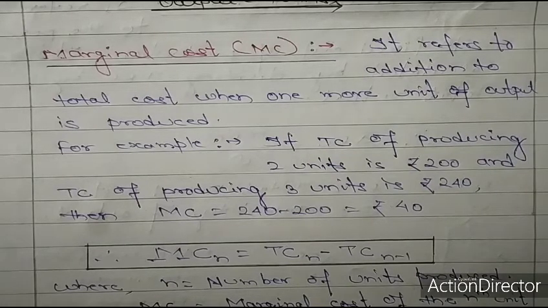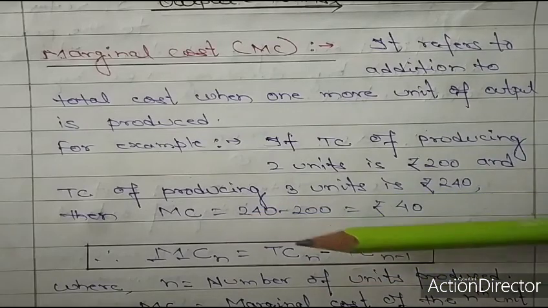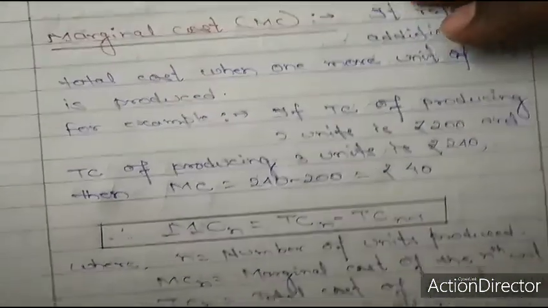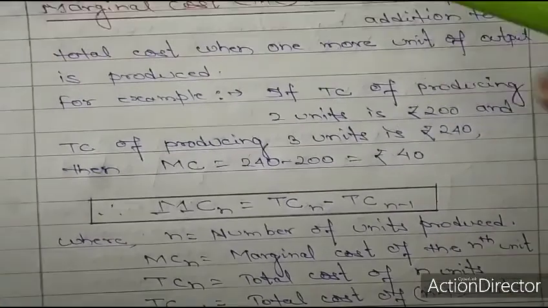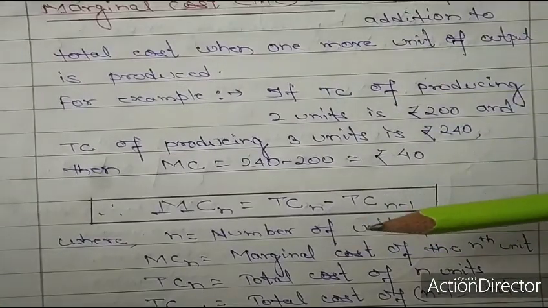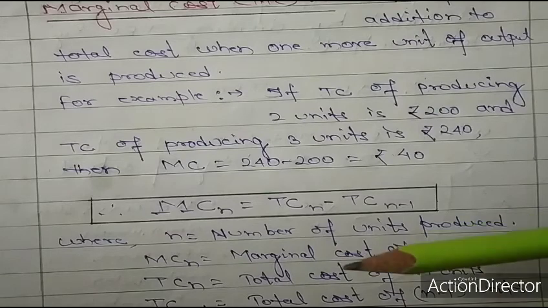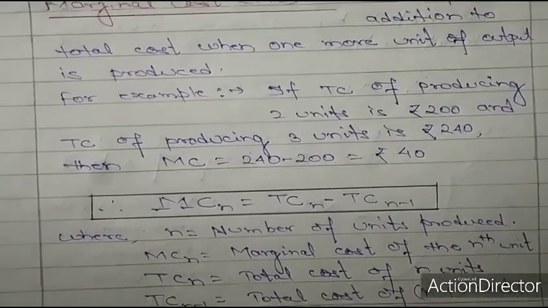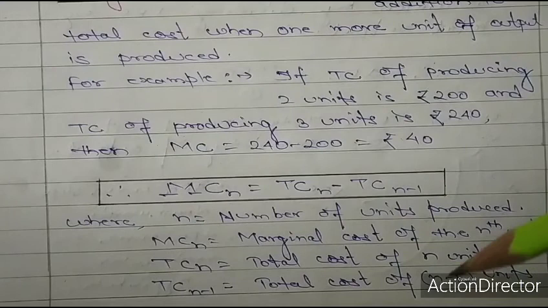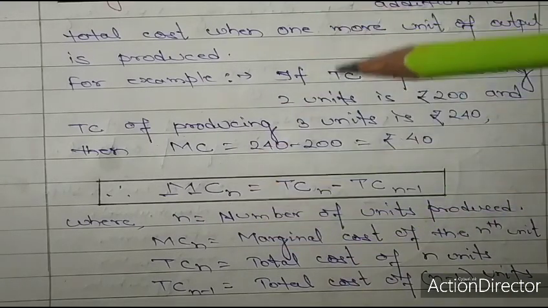The formula for marginal cost is MCn equals TCn minus TCn-1, where n is the number of units produced, MCn is the marginal cost of the nth unit, TCn is the total cost of n units, and TCn-1 is the total cost of n minus 1 units.